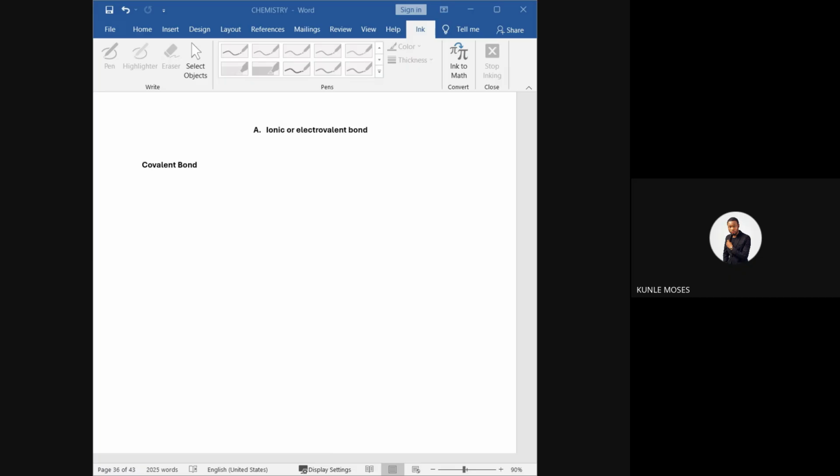You know, in covalent bond, the electrons are not coming from one atom. They are coming from the two atoms, from different atoms that are bonding together. But in coordinate bond, both electrons in that shared pair are coming from the same atom. Please, do you understand?